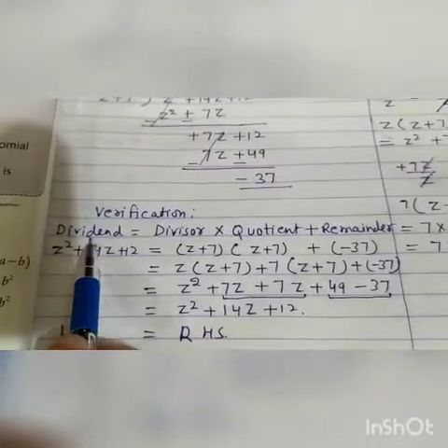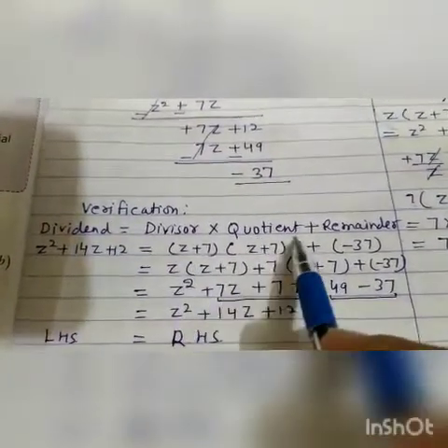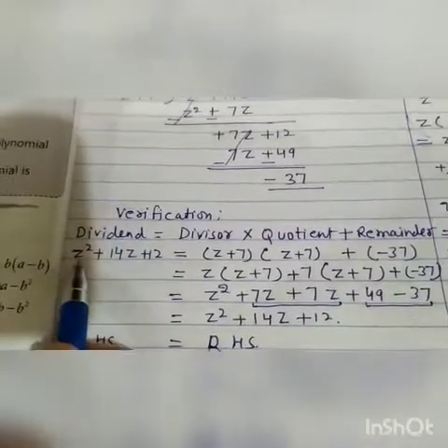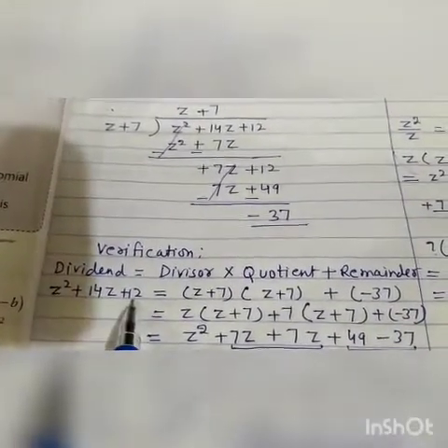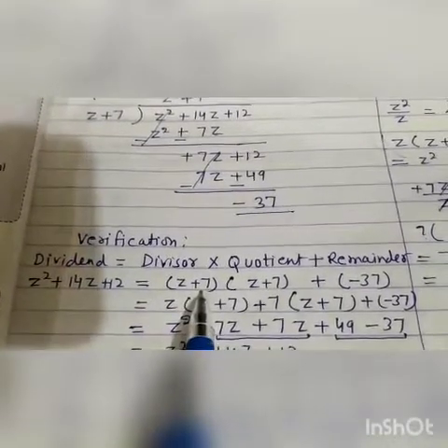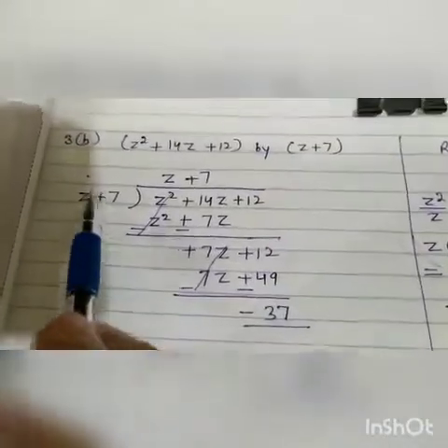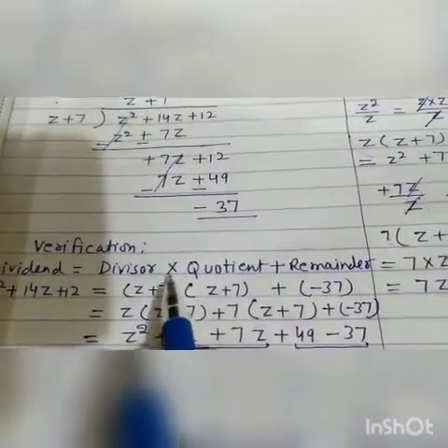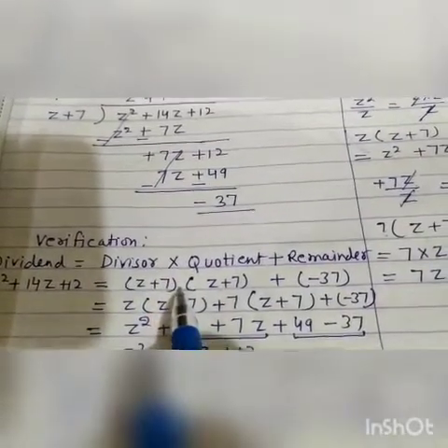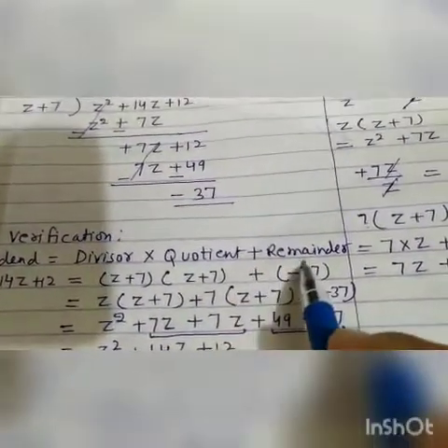Verification: dividend is equal to divisor multiply quotient plus remainder. Dividend is z square plus 14z plus 12. Divisor is z plus 7. Quotient is z plus 7. Both are same. See divisor. This is divisor and this is quotient. And I have not put this multiplication sign because it is automatically multiply. Plus what is the remainder?